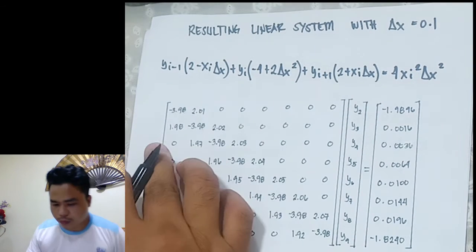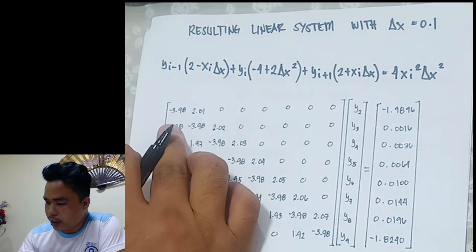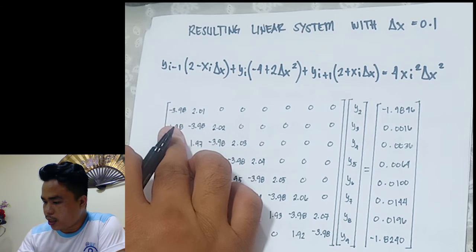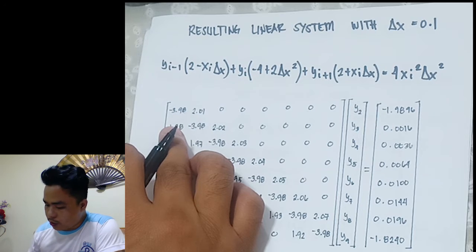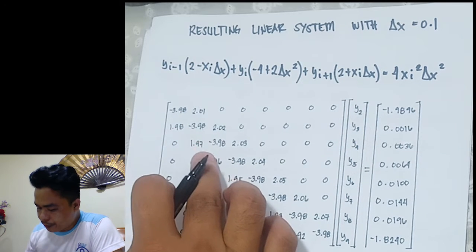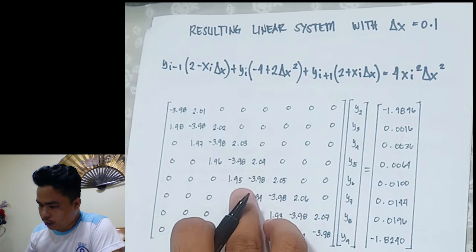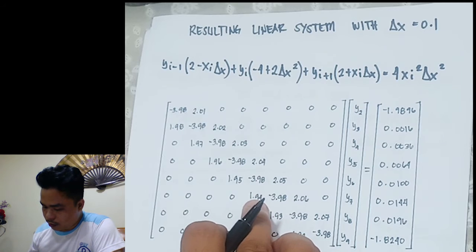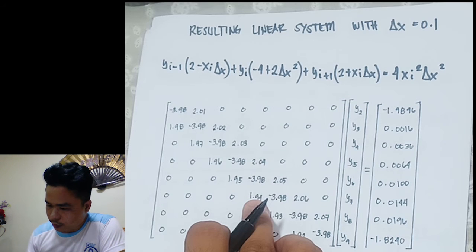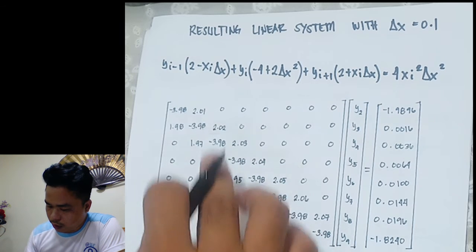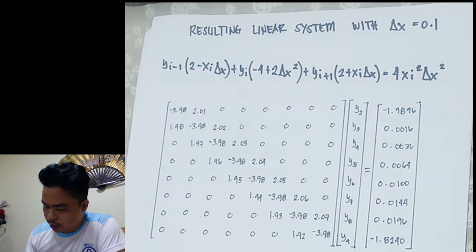We have negative 3.98, and the same going all down in the diagonal. The negative 4 is the second coefficient.